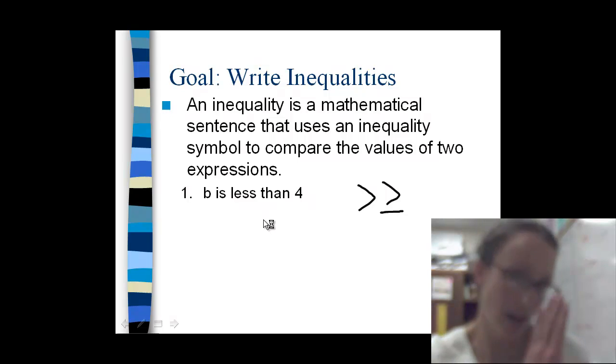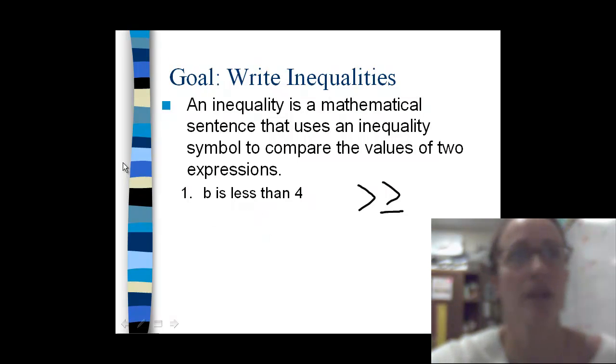Remember, it's the one that makes the L. So we're just going to write b, that's not changing, is less than 4. Alright, this is written in English and this is written in the language of math. It's actually a lot easier. It's less writing to use the symbol.